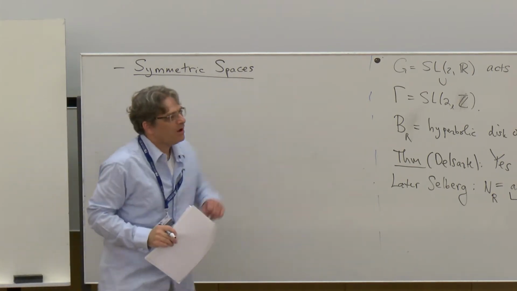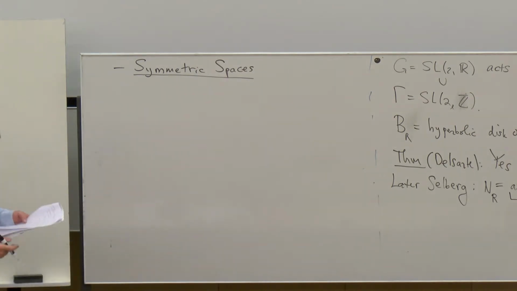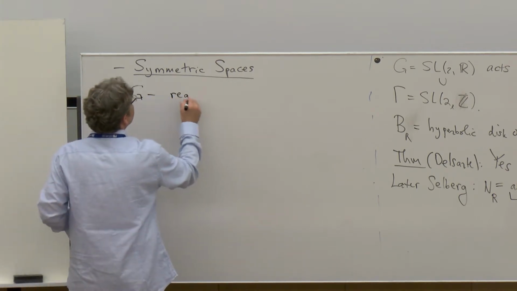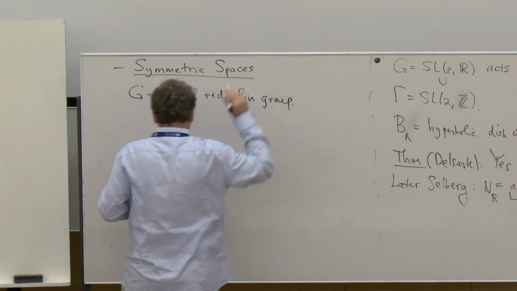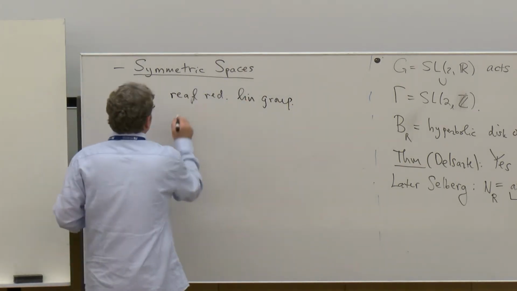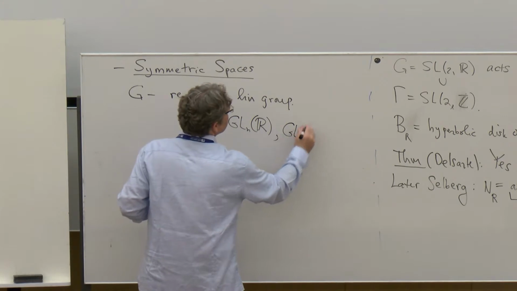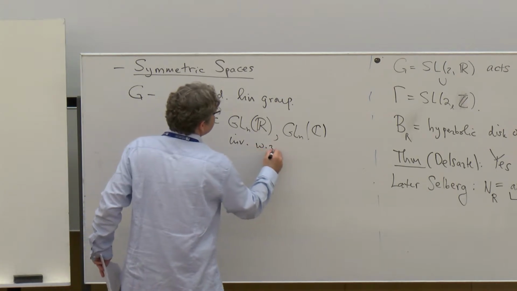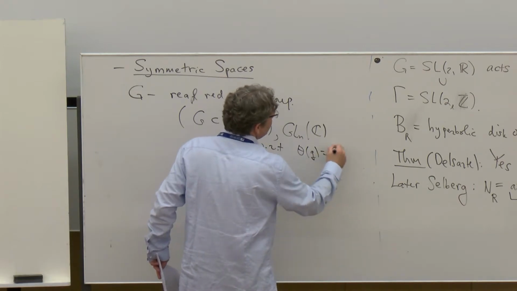is one way of generalizing the upper half plane, so okay, in this audience maybe I don't have to say too much about what I mean by symmetric spaces, but nevertheless, I will take G to be a real reductive linear group, and I will assume that G is a closed subgroup of GL_n(R) or maybe GL_n(C), and I want it to be invariant with respect to our beloved involution theta, the transpose inverse, and maybe a bar if needed.